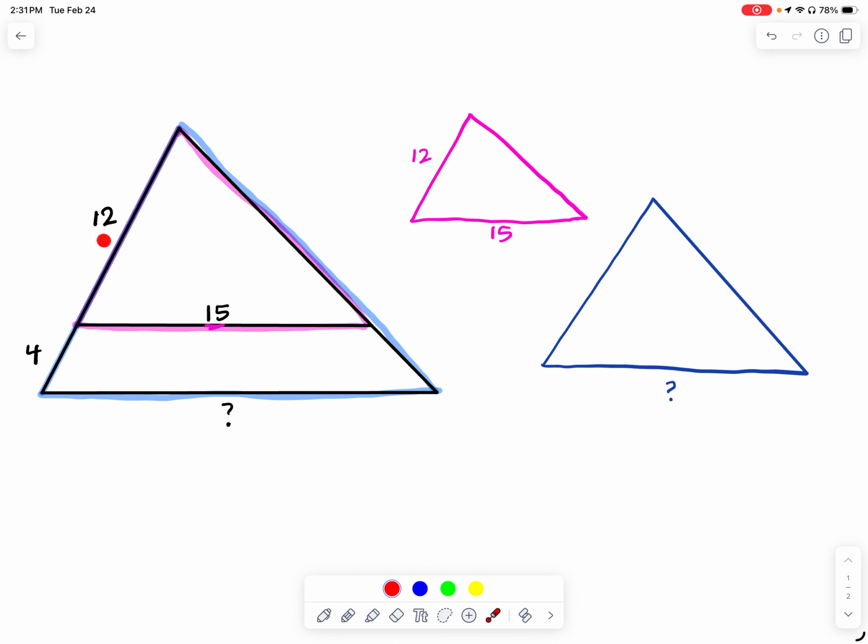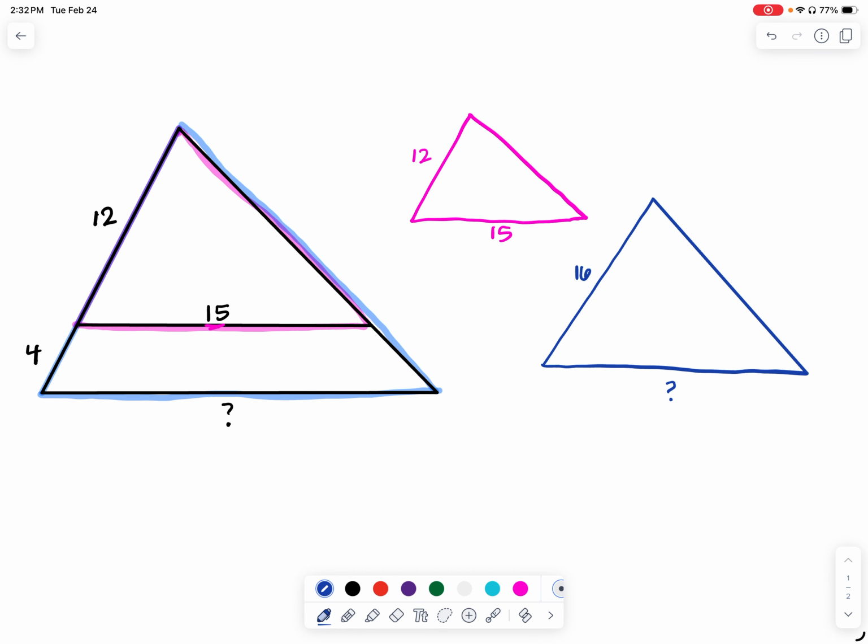The 12 relates just to the side of that little triangle, and it is partway down the length of the left side of the big triangle. So what I need to do is think about the full length of the side of that big triangle, which is going to be 12 plus 4, and that would be 16.